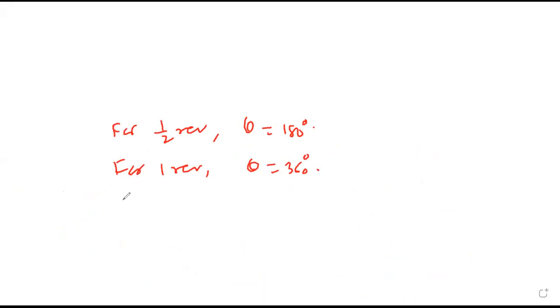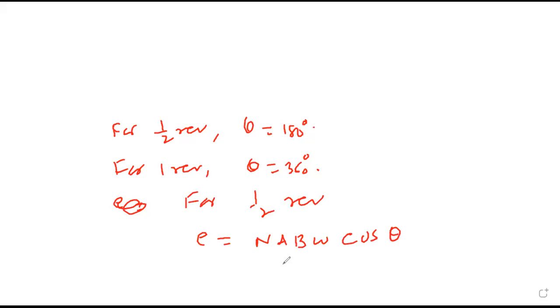So for half revolution, can I say E is NAB omega into cos theta? N is not given, we'll take 1. Area is 25 into 10 raised to minus 4 to convert into meter.